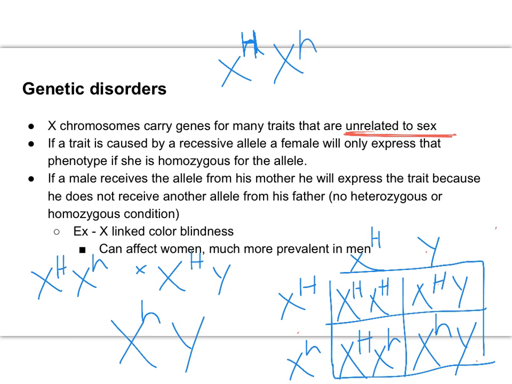But for a female to be X little h, there has to be an X little h that each parent can give her. So her dad would have to be colorblind, and the mom, at minimum, would have to be a carrier. So it's not as likely for women to develop these X-linked disorders as it is for males.